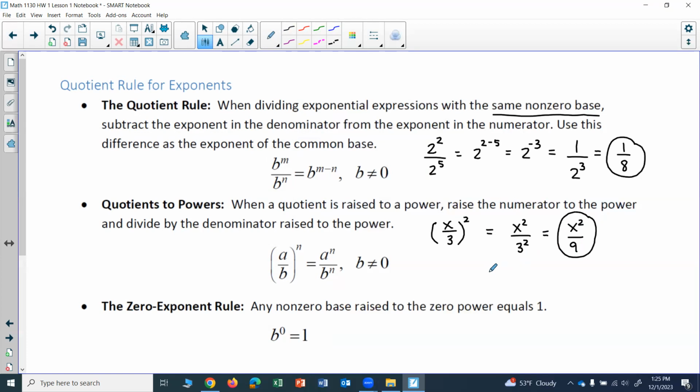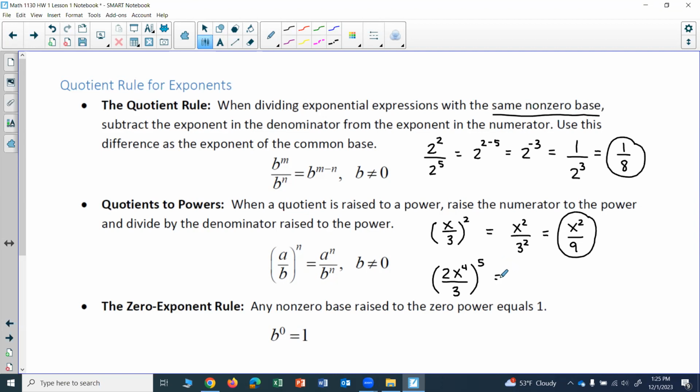Now this can get more complicated because we learned some other exponent rules in previous lessons. So what if I had something like 2x to the 4th divided by, let's say, 3, and that whole expression is raised to the 5th power.